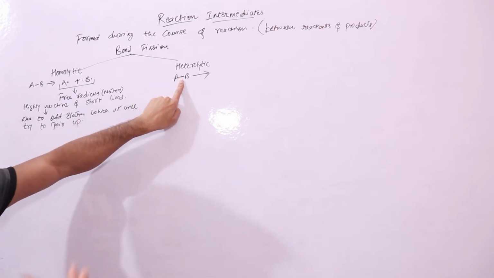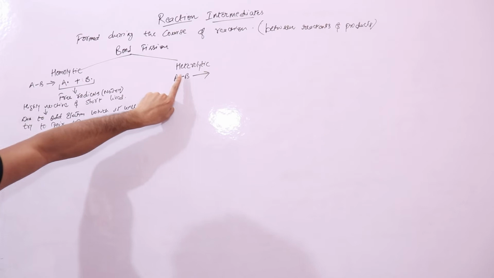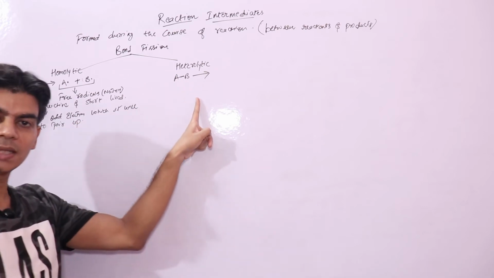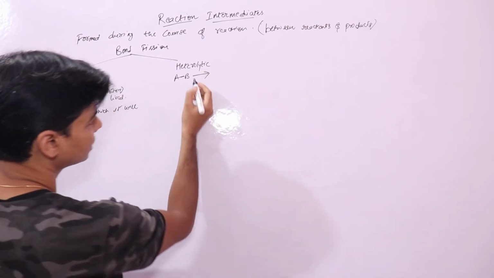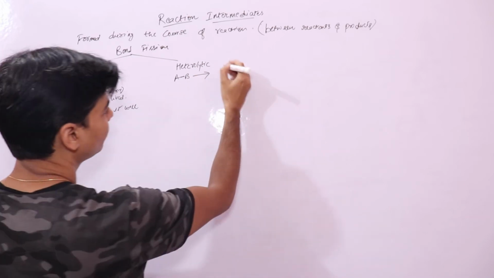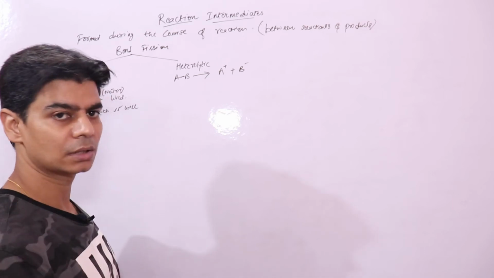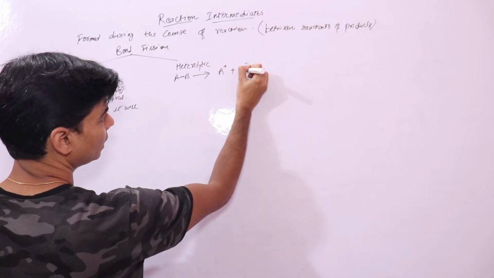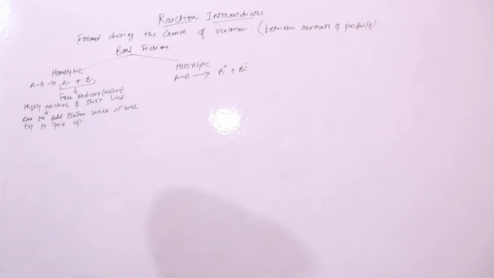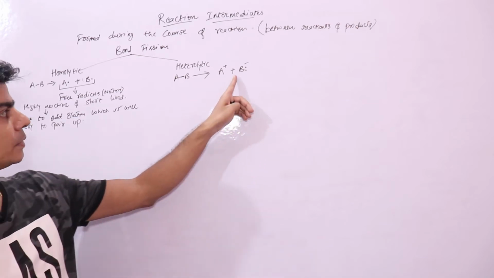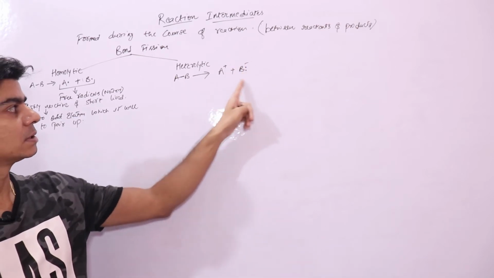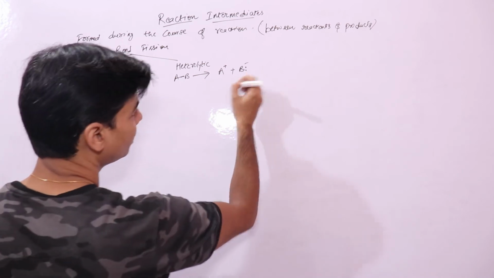This bond is made up of 2 electrons, so both electrons will go with the atom that has high electronegativity. In this case, let's say B has high electronegativity. So A will acquire a positive charge and B will acquire a negative charge. Remember, B has both the electrons of this bond. So this species is your anion.